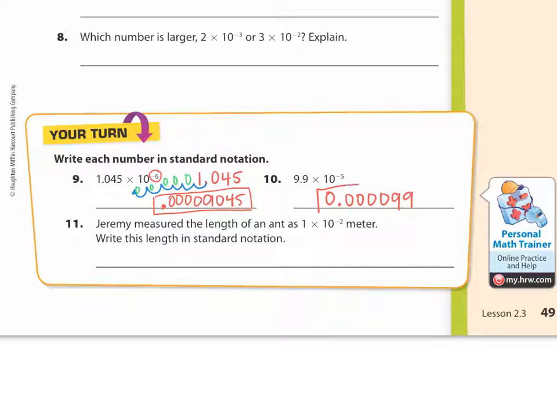If you don't put it there, that's okay. Sometimes having that 0 there will help me see the decimal point a little bit easier. So just a heads up about that. It's okay if you don't put it in the ones place like this, or if you do. I prefer this way. And number 11, we're going to end up with 0.01 meters as our solution.